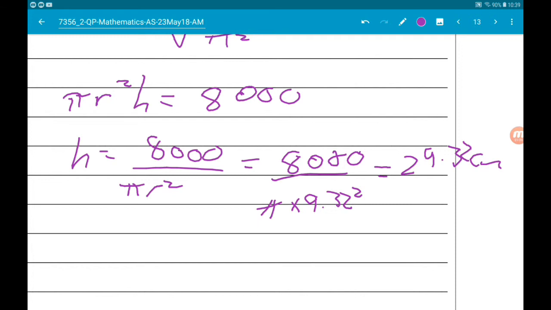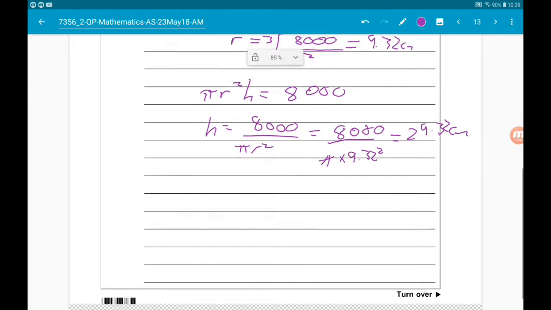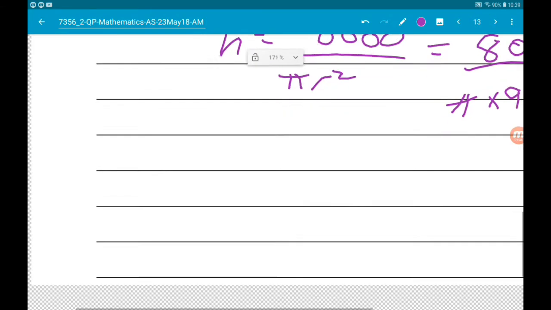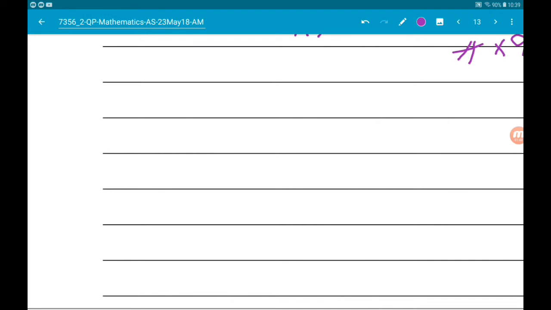What we don't necessarily know though at this point is that this gives us a minimum. So what we need to do now is check that this is indeed a minimum.